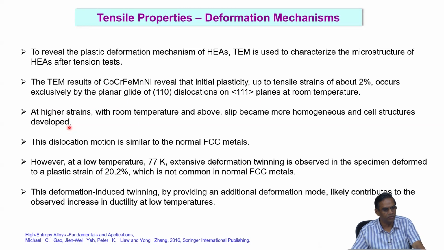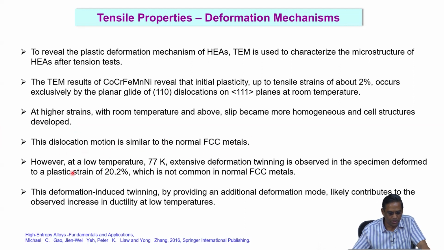The moment you say cell structures develop, that means you are facilitating defect motion in 3 dimensions. Otherwise, cell structures will not form. The moment you see a cell structure, that means your deformation is homogeneous. It is not like planar slip activity, which restricts defect motion.